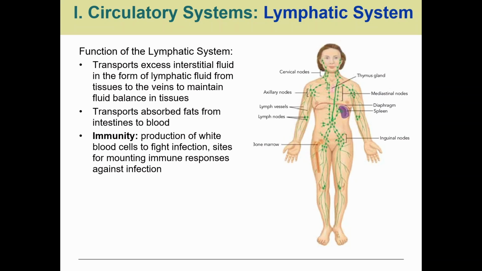But we don't always take up all the fluid that leaks out. And so the lymphatic system helps by absorbing all of that, pulling up that excess fluid from between the cells, right, in the form of lymphatic fluid. And then returning, through a series of vessels and ducts, we make our way back to the cardiovascular system so we can put that fluid back in.